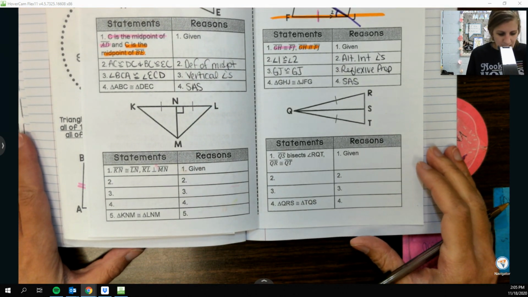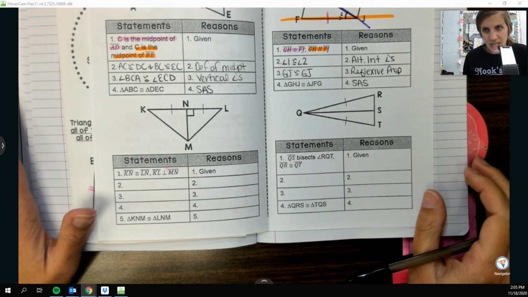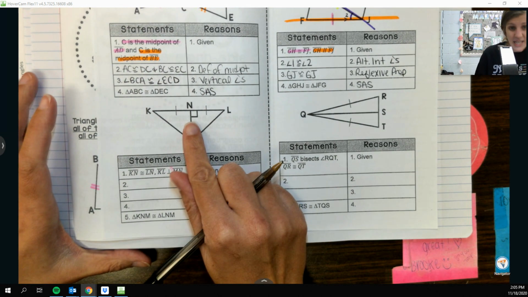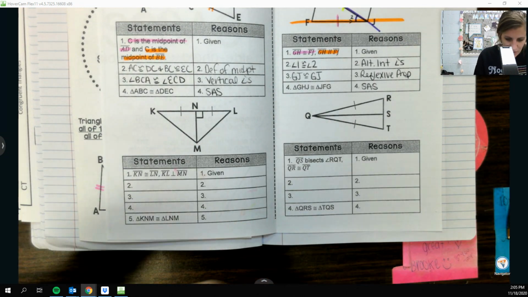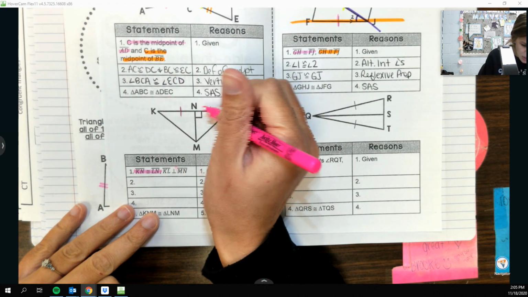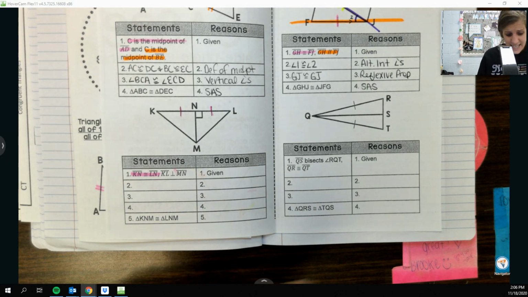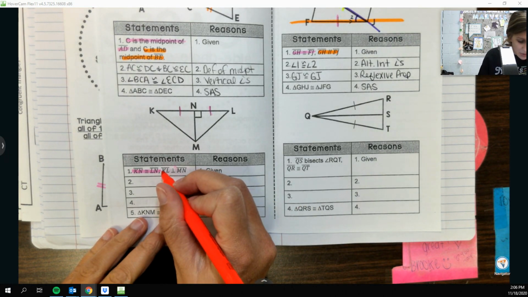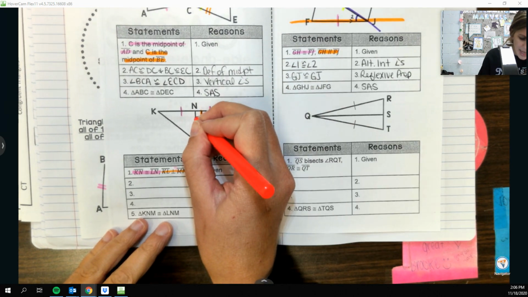Alrighty. Another one down here. We'll do this one, and then I think I'm going to skip that one. This one looks interesting. So the first thing that they marked for me was that KN was congruent to LN. So that was our one tick marks. Then they said that KL was perpendicular to MN, which is why I was able to put that there.